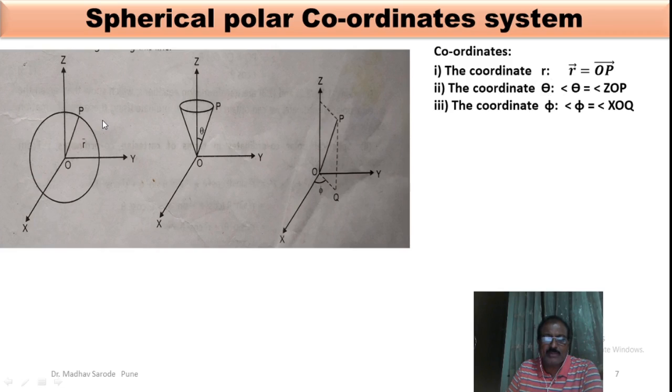If this point P is situated in the xyz space having Cartesian coordinates x, y, z, then P can be written as the point P (r, theta, phi). r, theta, phi are the coordinates.